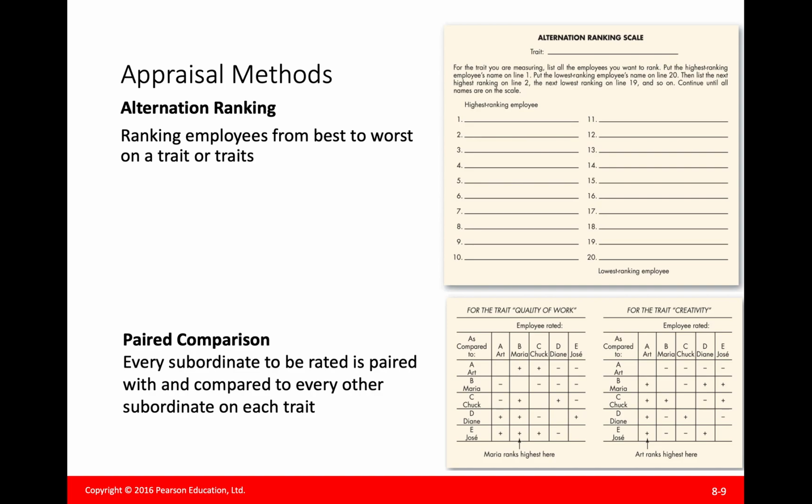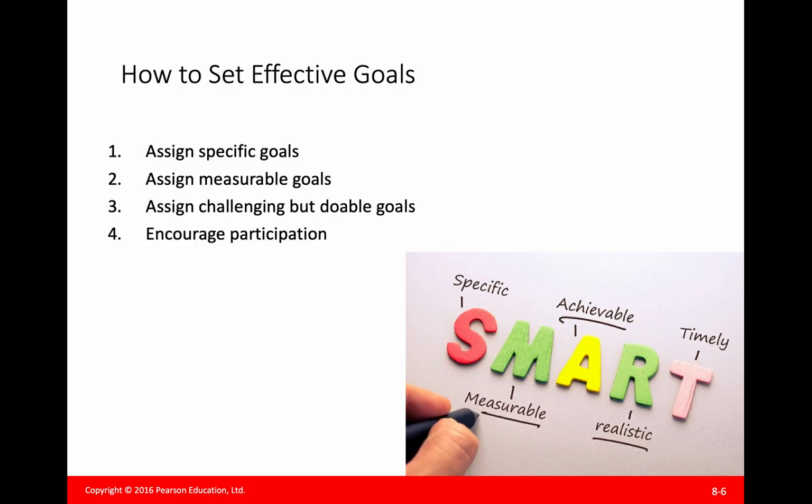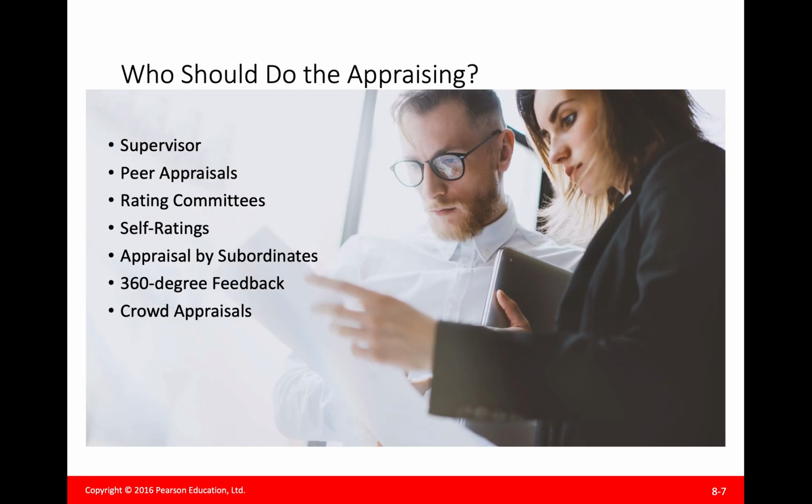And then, looking back, we see who should do the appraising. There are a lot of groups or people who can do the appraising, but some are used for development purposes, and some are also used for pay purposes. For example, supervisor ratings and sales ratings can be used for pay purposes.